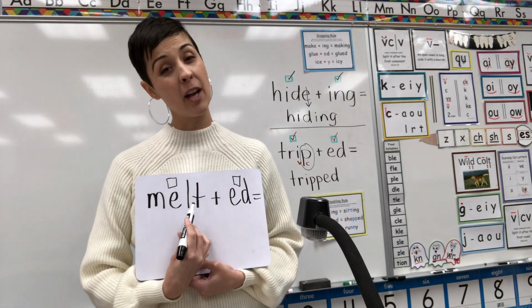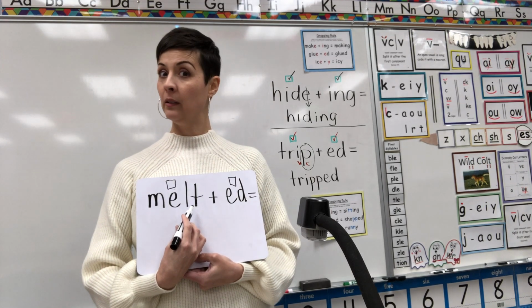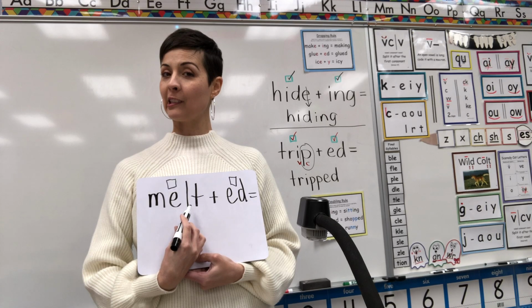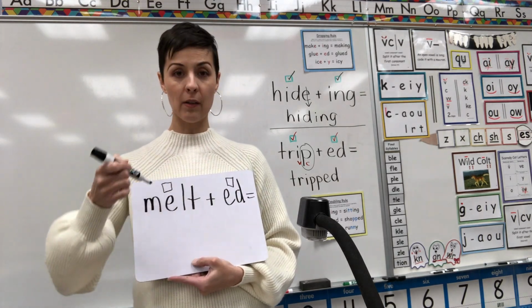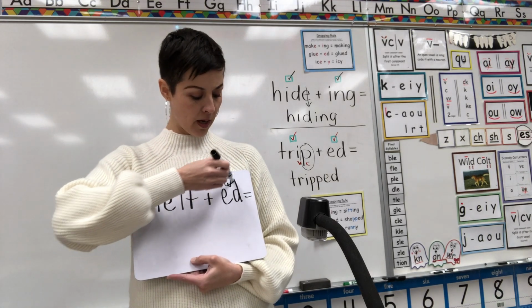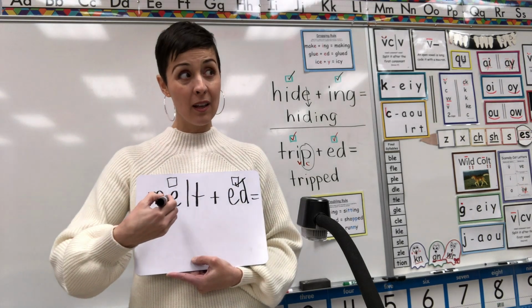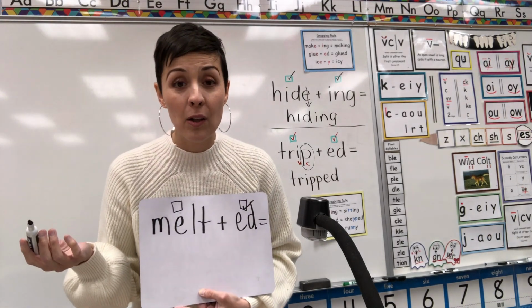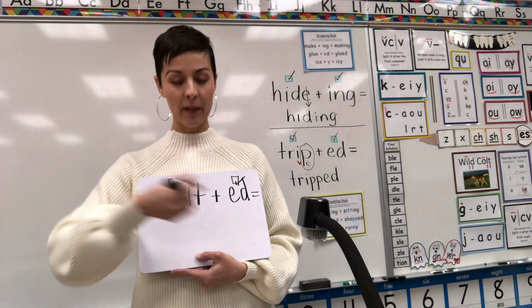No, so we're next checking for the doubling rule. Does it end in a vowel consonant? No, it does not. So do I put a check? Nope, I leave it alone. But is ed a vowel suffix? Yeah, I'll give it a check. But here's the news. If we don't have two checks, we don't do anything to the word. We leave it alone. Do you remember that? Spell melted the right way. Go.